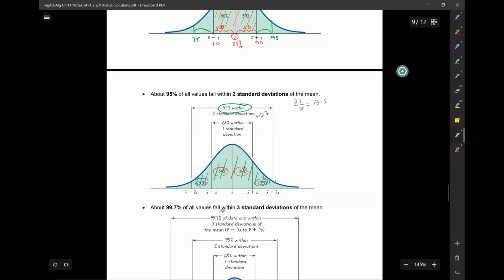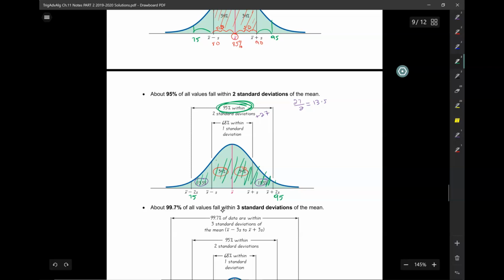So given our former example, remember how I said this was 75 and this was 95? 95% of all of the students' scores are going to fall within those two values, 75 and 95. So if I have a 100-person class, 95 of the test scores are going to be within that green shaded area.